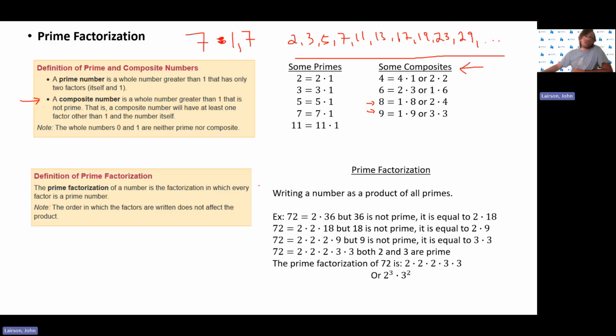Okay, so now we know what the prime numbers are. We're going to talk about prime factorization. Every single number can be written in this prime factorization form. What I mean by this is we're going to break down each number into primes.